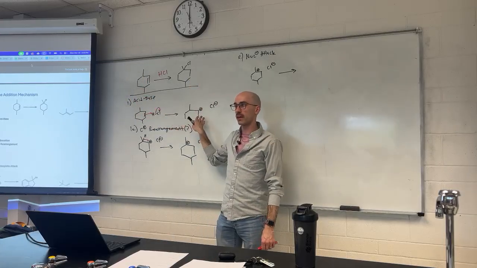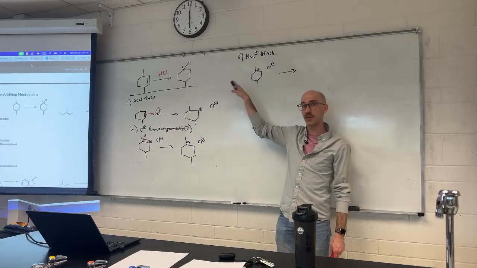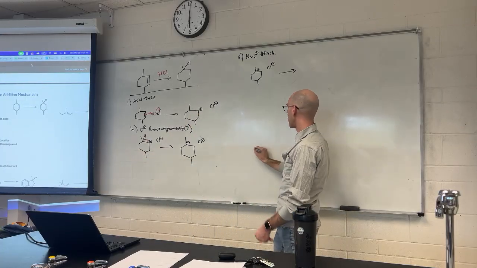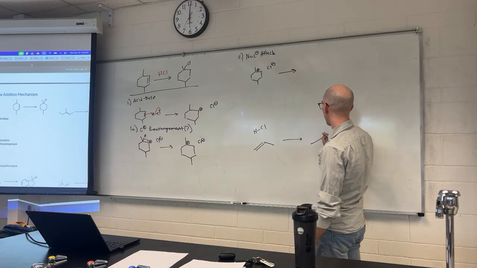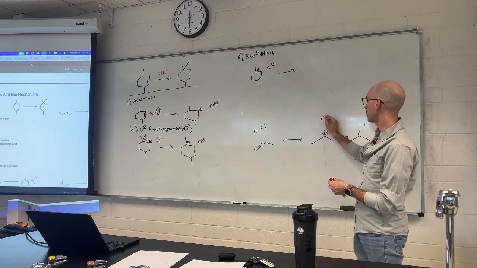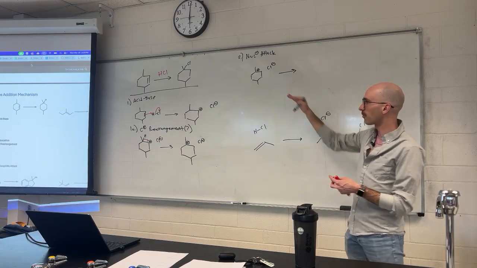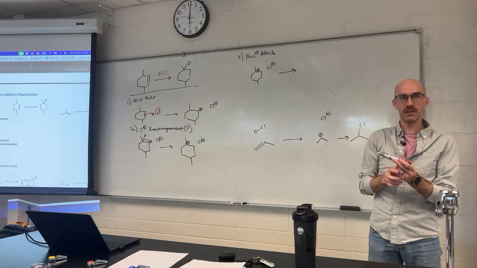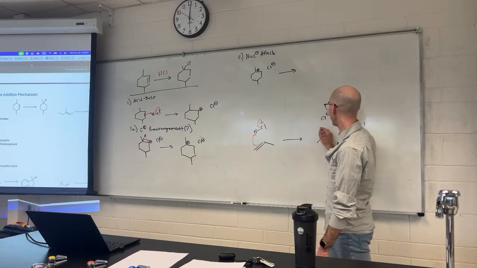Starting material, product. Now that becomes a starting material, product. But what we just did earlier was showing this as a fully sequential process, not showing each intermediate as its own starting material.